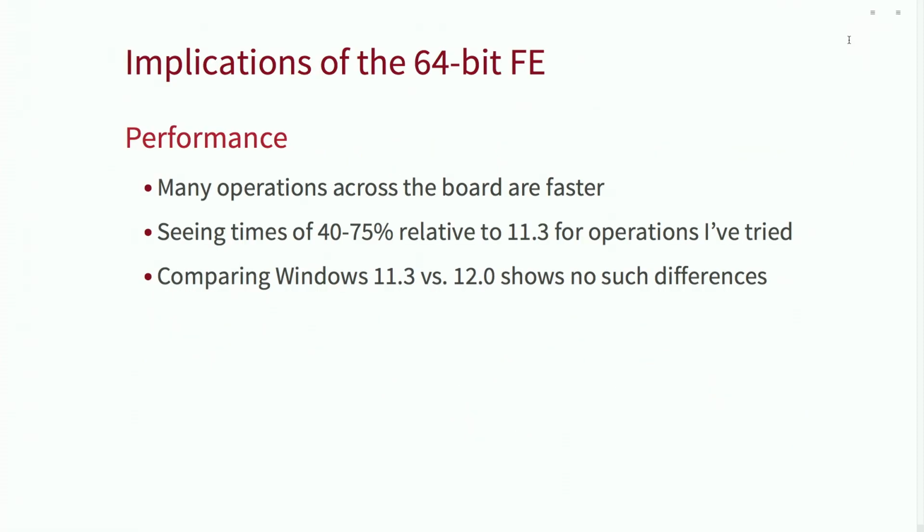So what are the implications of moving from 32-bit to 64-bit? It's interesting because one of the questions I've often gotten, both with this project and with other projects where we've moved from 32-bit to 64-bit, is: is it faster? That's a tough question to answer in the abstract about arbitrary software, because you get some advantages from going to 64-bit. Often you'll get wider registers and more registers on the CPU.